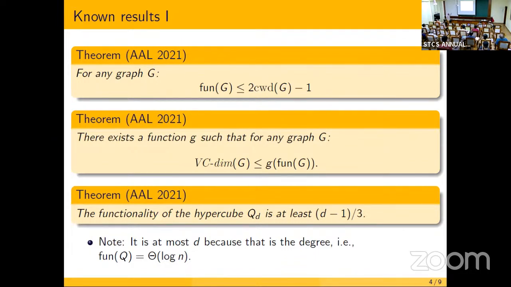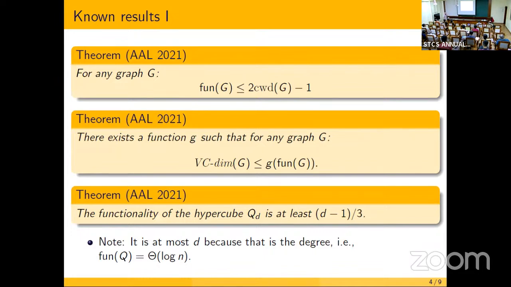It is upper bounded by clique width, and there exists some function such that VC dimension is upper bounded by a function of the functionality of G. It was also proved that the functionality of the hypercube of dimension D is at least D over 3, and of course it is at most D because D is the degree of the cube.